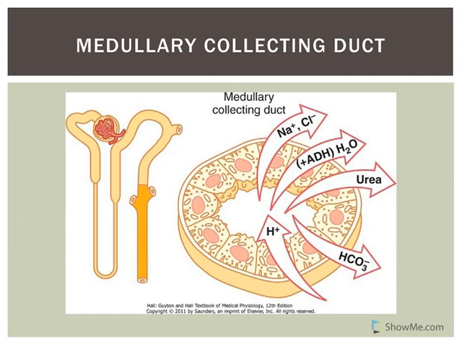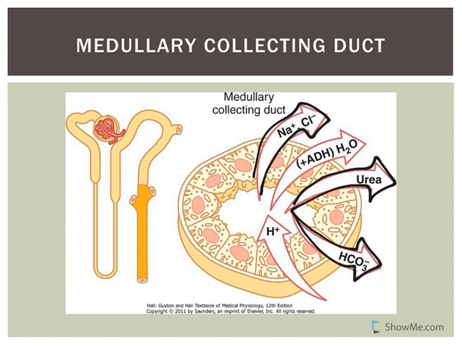So in a nutshell, that medullary duct is still reabsorbing ions, and it can reabsorb that urea. Urea always moves passively. You have reabsorption also of bicarbonate here. You can have secretion of hydrogen ions, which will be important again with acid-base balance. And again, it's more permeable to water with the presence of ADH.